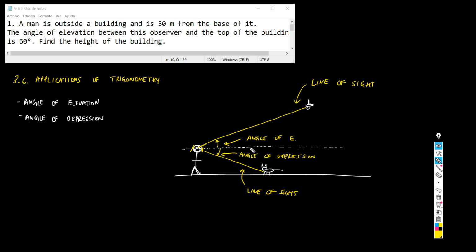So basically, in a nutshell, angle of elevation is when you elevate the line of sight above the horizontal, and the angle of depression is made when you drop the line of sight below the horizontal. That's more or less what they mean.